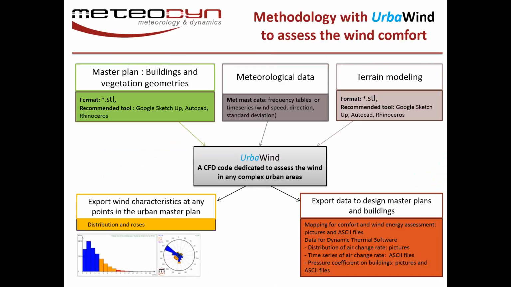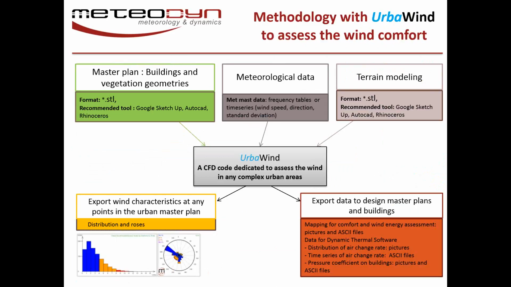The master plan information, that means building and vegetation geometries, are given by other software such as Google SketchUp, AutoCAD, or Rhinoceros and so on. And the format is STL. It's a common format to define geometric data. The meteorological data are given by frequency tables or time series, as told before.